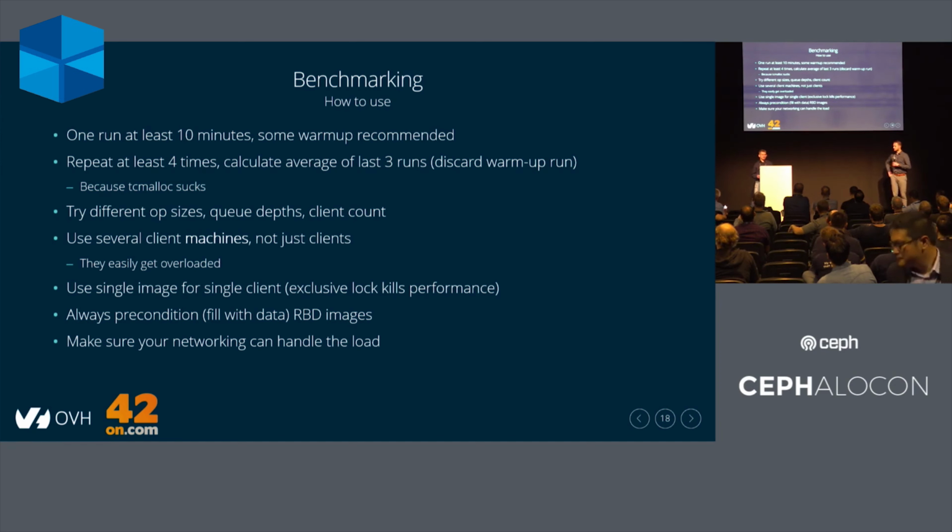Another thing is that you should repeat the testing at least 4 times, because 1 time is definitely not enough. You should actually discard the first number, because most of the time it is inflated for some reason, which I will mention later. You should also try your destination workload, but also different workloads, like different queue depths, operation sizes, and so on, to get a better view of the entire spectrum of your cluster performance.